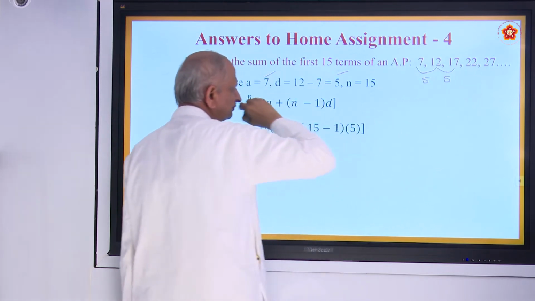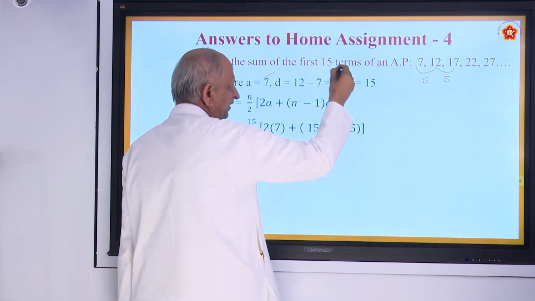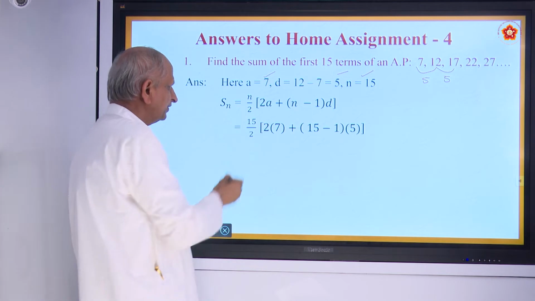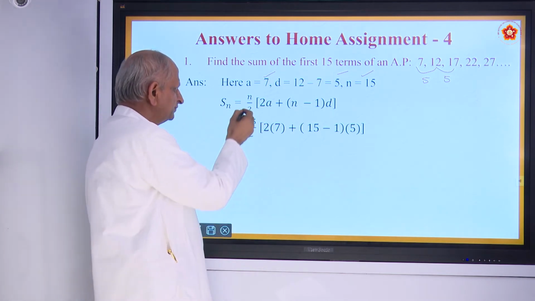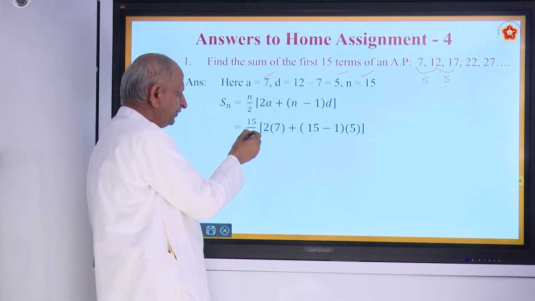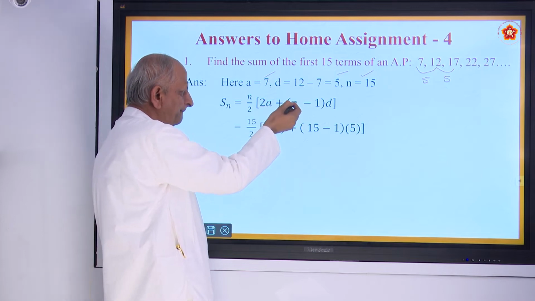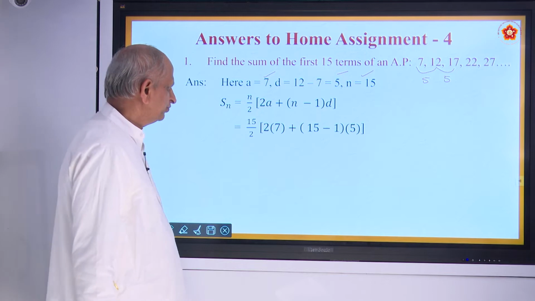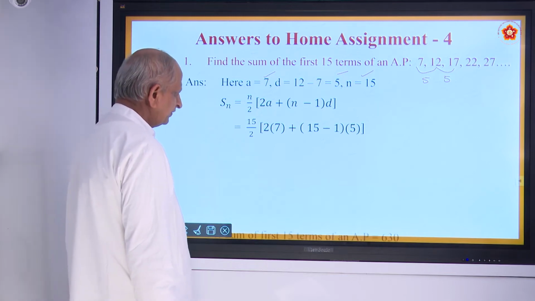And the number of terms is given, n equals 15. So, apply in the formula, n by 2, that means 15 by 2, into 2 into A plus 15 minus 1 into D. D is how much? 5.